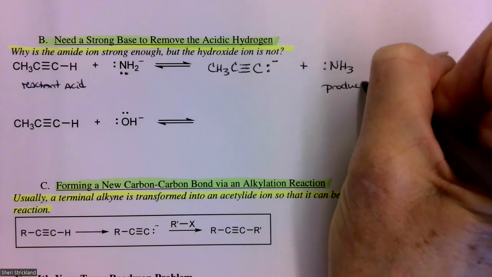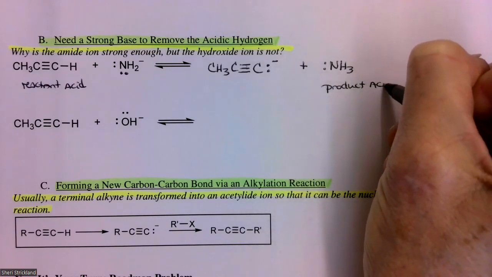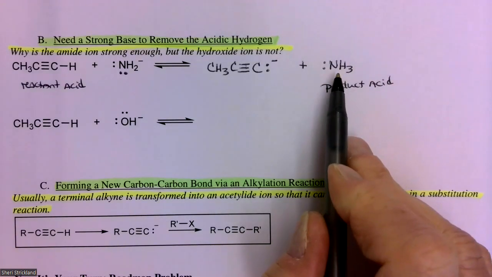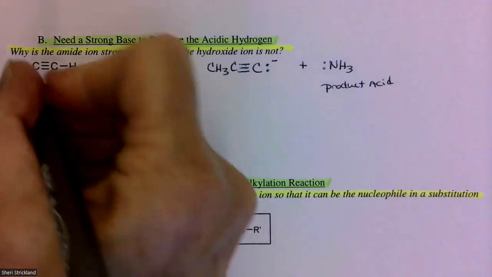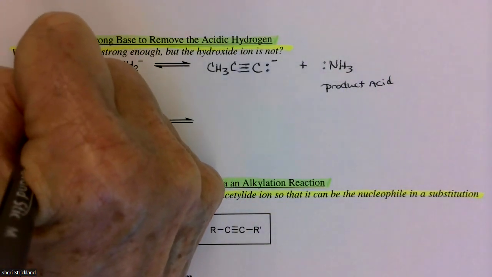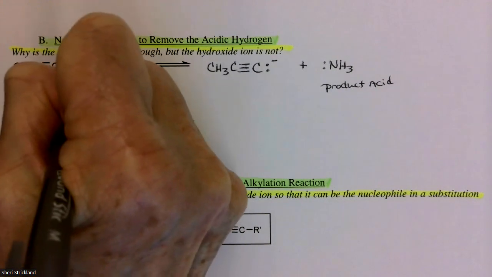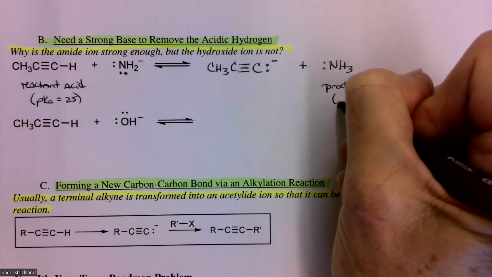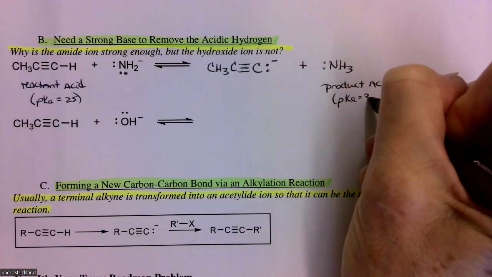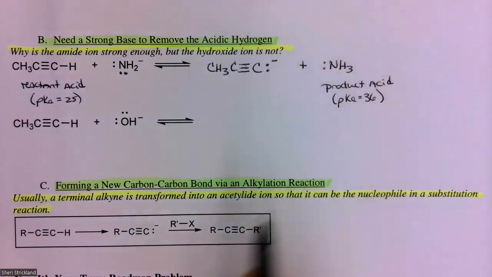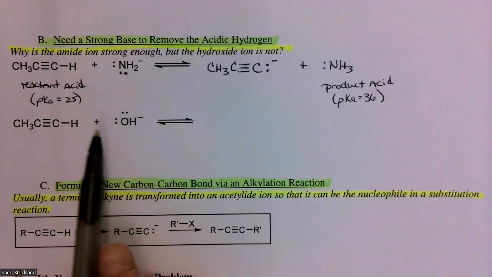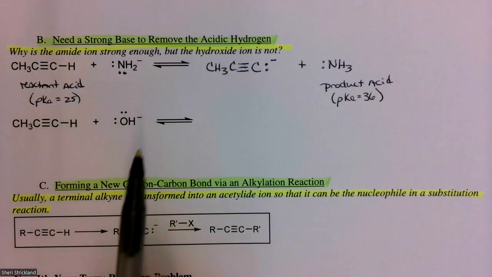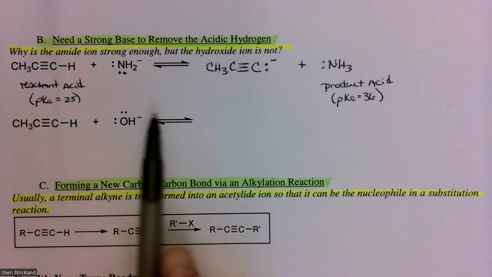The reaction goes in reverse, from right to left. This is the thing that would be the proton donor. And now we need the pKa's of the two reactant acids. So the pKa here is 25. pKa of ammonia is 36. And so you know just qualitatively that it's the side with the weaker acid that's preferred.